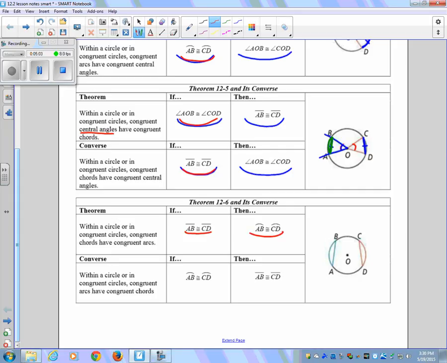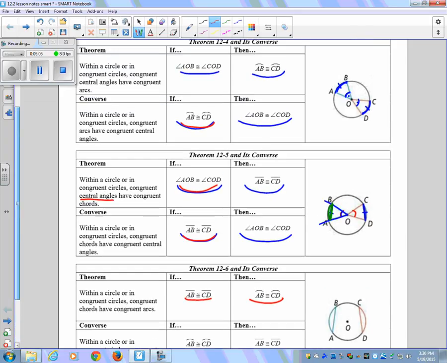Okay, so these two concepts here, let's highlight this. This concept was with angles and arcs. Angles congruent, then arcs are congruent, and vice versa. Here, this is all with angles and chords. If angles are congruent, then chords are congruent. If chords are congruent, then angles are congruent.